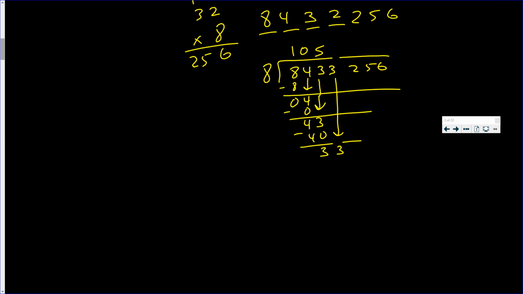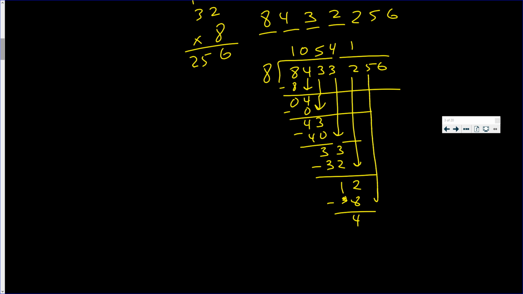8 goes into 33 4 times. And we have something left over. Bring down the 2. 8 goes into 12 one time. Subtract the 1, 8, get 4. Bring down the 5. 8 goes into 45 5 times.